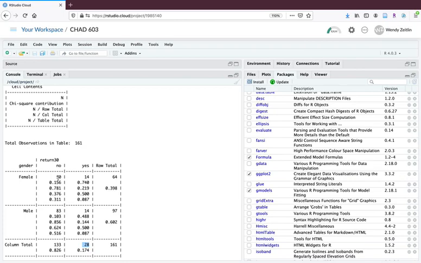So we're going to now take this 50 and divide it by 133, and that's going to say of all the people who were not readmitted within 30 days, 37.6% were female and 62.4% were male. So a greater proportion of those not readmitted were male.